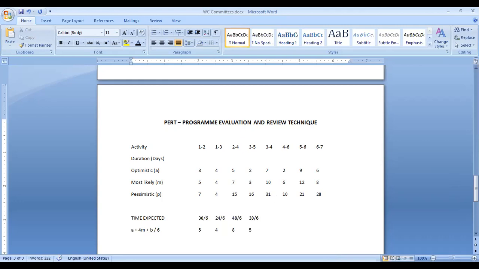Then 4 into 10, 40 plus 7, 47 plus 31 is 78. 78 by 6 is 13. Then 4 into 6 is 24 plus 2, 26 plus 10, 36 divided by 6 is 6.